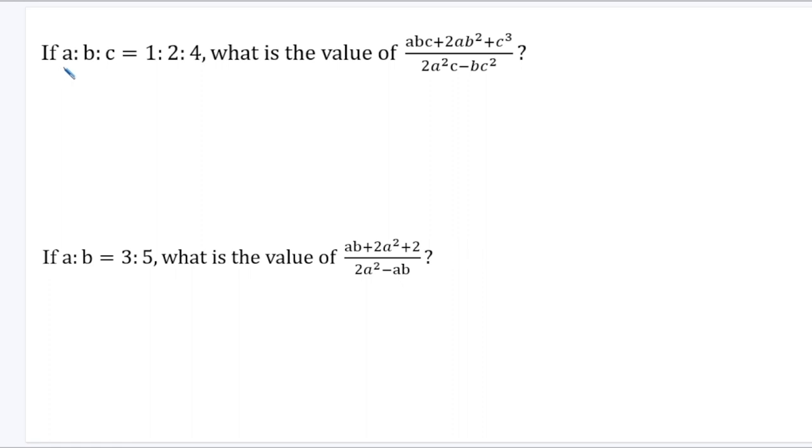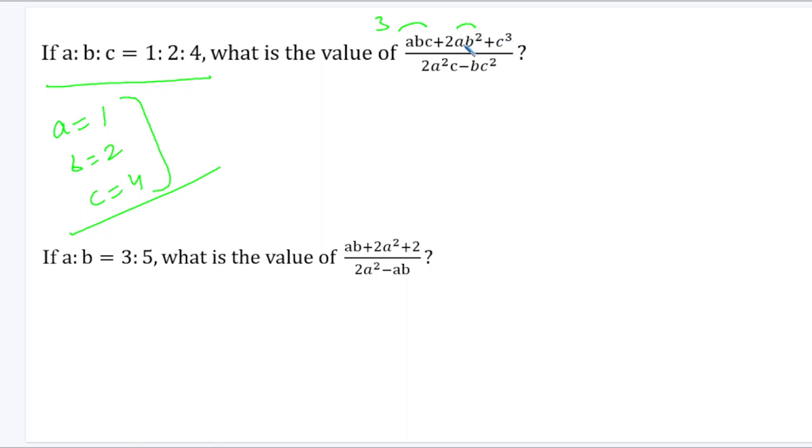We have three parts: a is to b is to c as 1 is to 2 is to 4. And we have all three variables involved in the expression I need to calculate. Let's see if I can substitute a equal to 1, b equal to 2 and c equal to 4. But before that, I need to check if the degree is the same everywhere. If I look at the first part, it's abc, so the degree is 3, since three variables are involved.